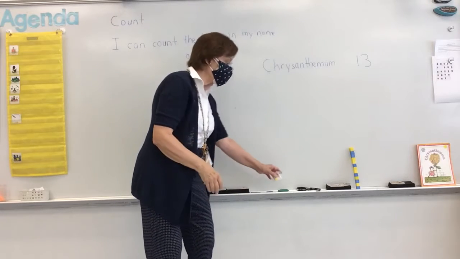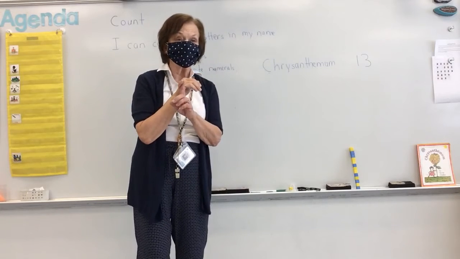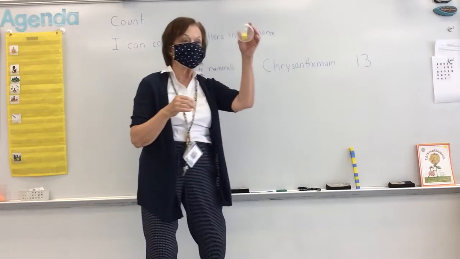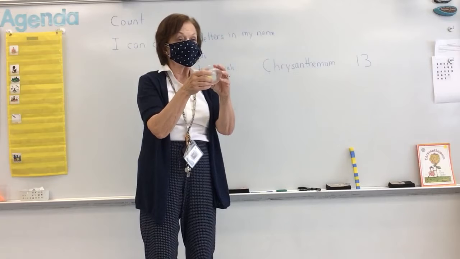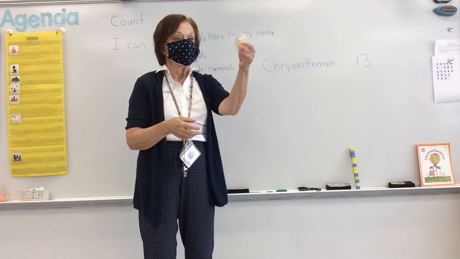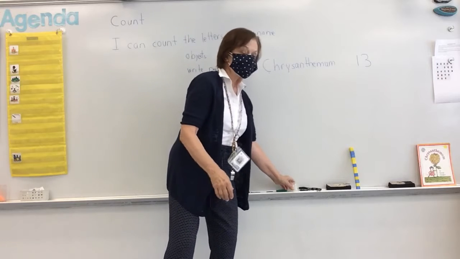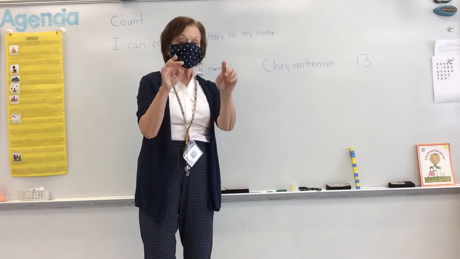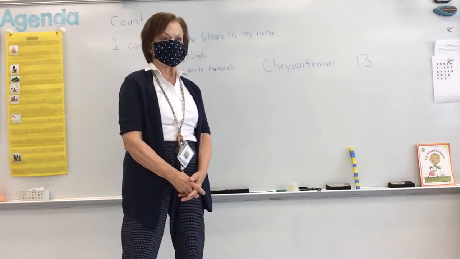So the first thing you're going to do when I tell you to, you're going to get out your bag of cubes, not yet, and be good listeners. Your cup with the dot die. And you're not going to open the cup. You're going to use this as a shaker and turn it upside down and look at the number in there. So first you're going to need your bag of cubes and your dot die. Put those on your desk. Don't do anything with them yet, just put them on your desk.